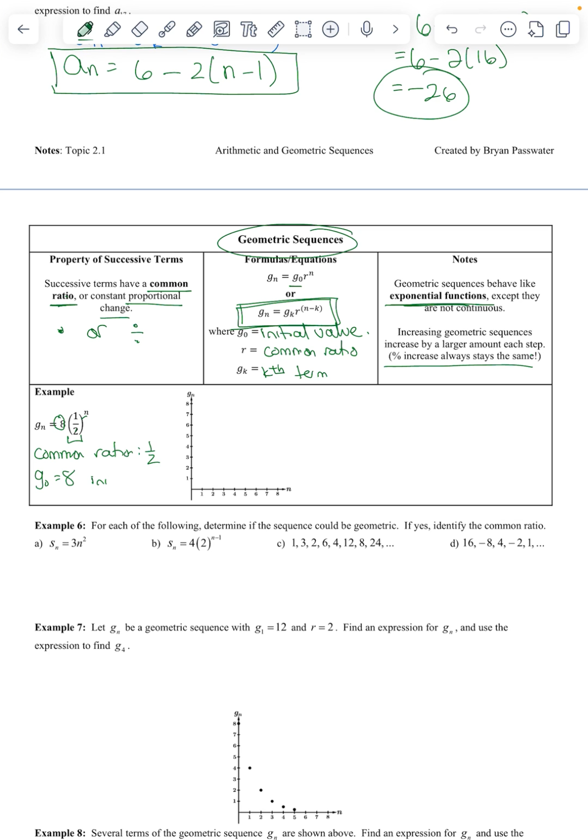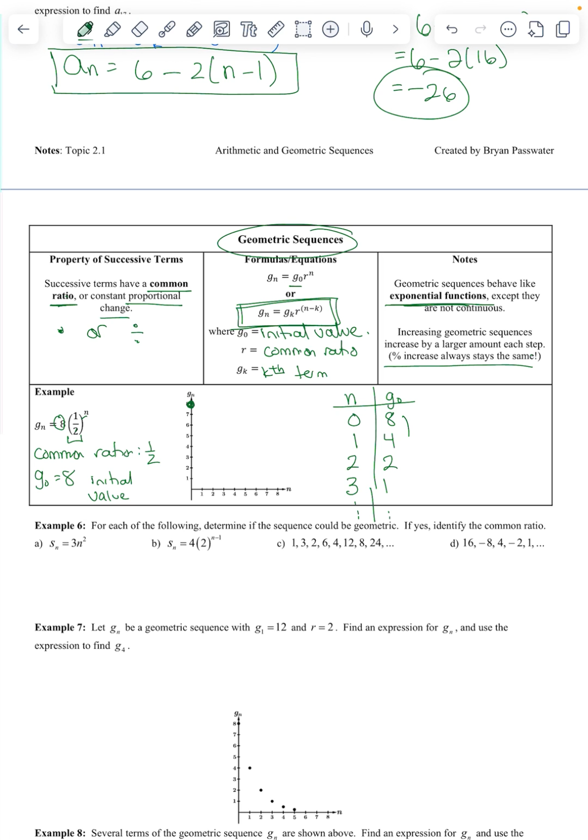It's the initial value. We can see that if you make a table, n and g of n. When n is 0, you plug that into the equation and you should get 8. When n is 1, you get 4. When n is 2, you get 2. When n is 3, you get 1, and so on, right?